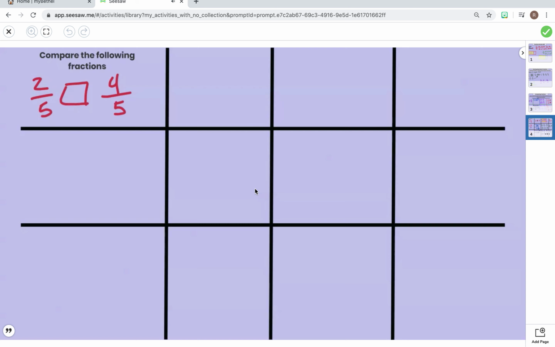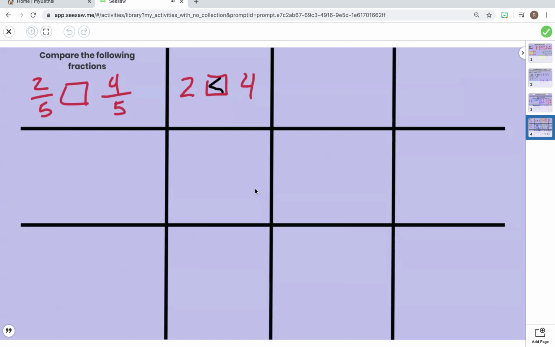So if we take out our unit of fifths, we have 2 is greater than, less than, or equal to 4? Well, I know that 4 is definitely bigger than 2. So 2 is less than 4.